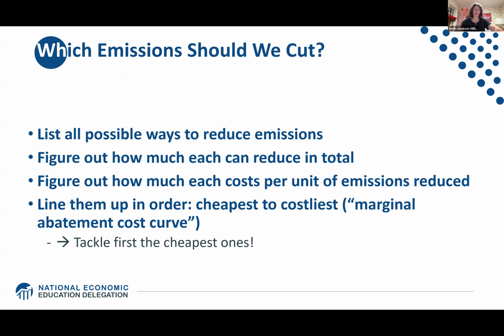And so the concept is we line up all the possible ways of reducing our emissions. We figure out how much each has the capacity to reduce our emissions, how much does each cost per unit of emissions reduction. We line them up from cheapest to costliest, and we just bang out the cheapest ones first. And I'm going to show you a graph, which is an example of trying to do exactly that. It's an old graph, and so I don't want you to get too wedded to it, but it's going to show you the shape.